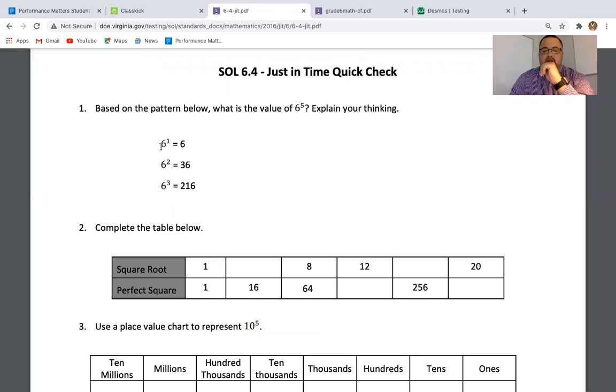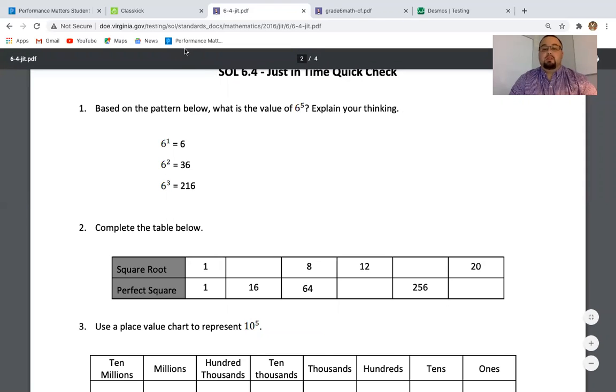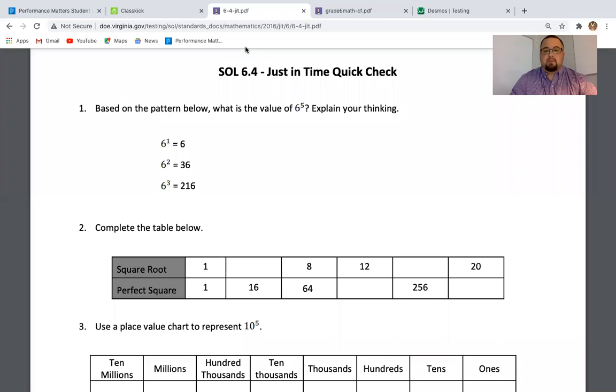Anything that's raised, for example, to the 1 power, like 6 to the 1 power, is always going to be itself. Anything that is squared, like 6 squared, means that it is a perfect square. If we think about a square shape, it's going to have 6 on all of its sides, so it's why we call it 6 squared, or what it means is 6 times 6.